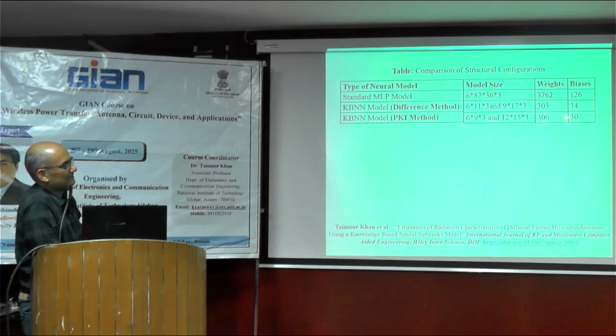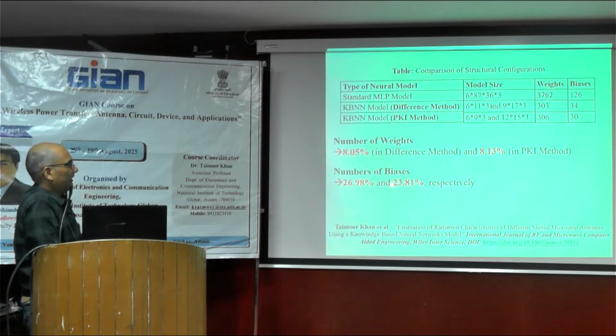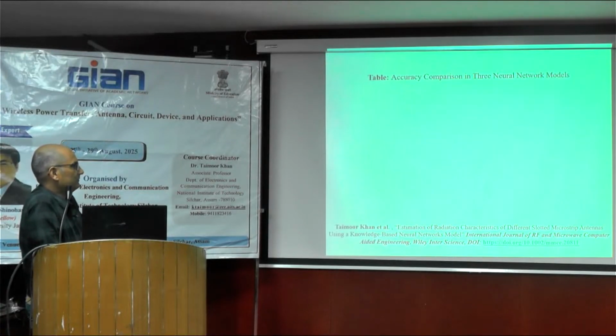Number of biases: 126, 34, 30. If you calculate the percentage, only 8.085% of the weights are required in the difference method and 8.13% in the PKI method. Number of biases is this one.